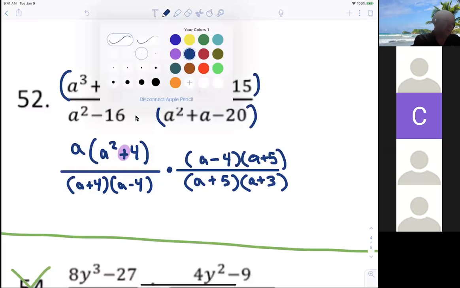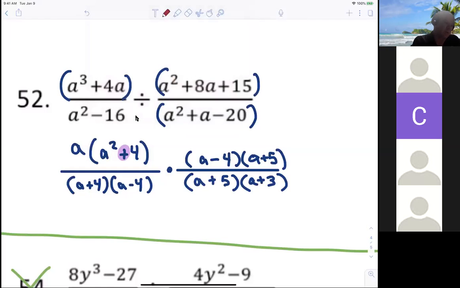Now, let's change colors and start crossing out. I see a minus 4, a minus 4, a plus 5, a plus 5. Notice I really think they tried to fool you here by trying to get you to reduce a squared plus 4 and a plus 4. They cannot reduce because that's to the first power, okay?